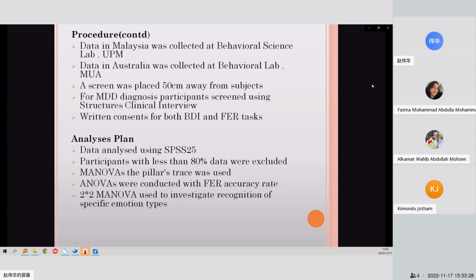Participants' education level, gender, and age did not appear to have significant effects on accuracy rates and reaction time after the analysis.